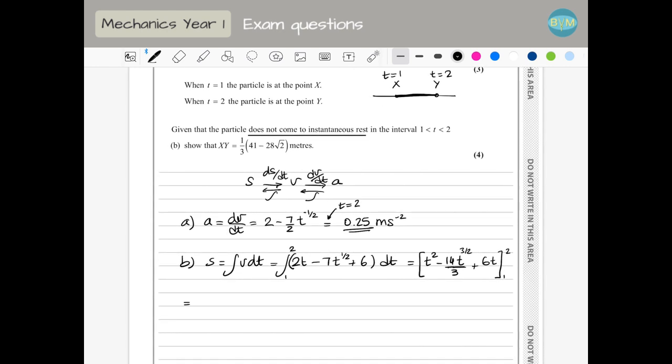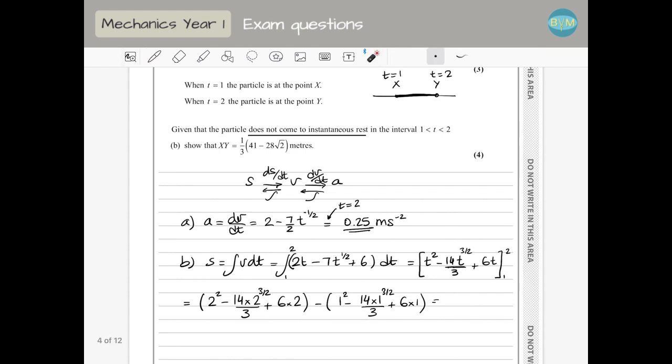I substitute the 2, so I have 2 squared minus 14 times 2 to the power of 3 halves divided by 3 plus 6 times 2, and then minus, I substitute the 1, so 1 squared minus 14 times 1 to the power of 3 halves divided by 3 plus 6 times 1. You can use the calculator, because the calculator is going to give you the answers.